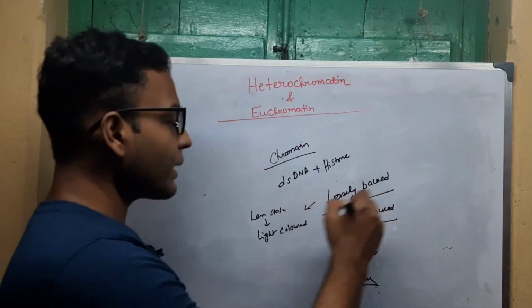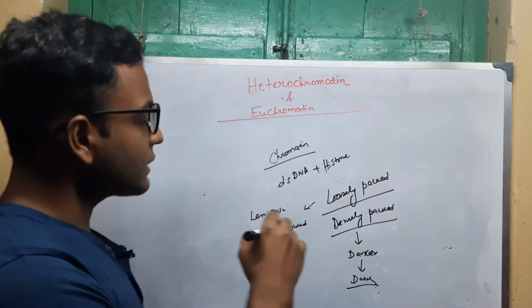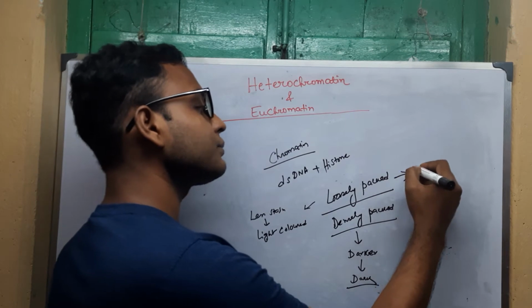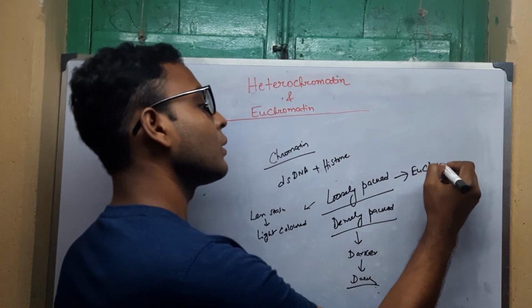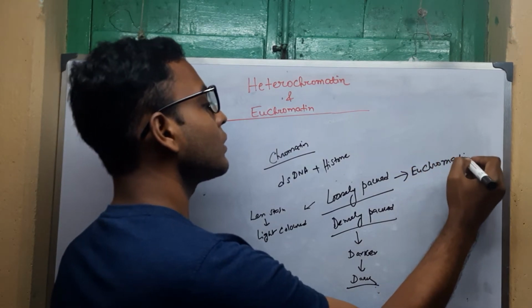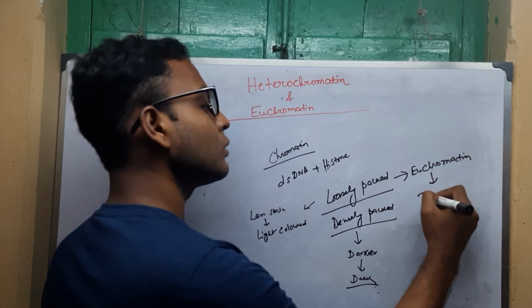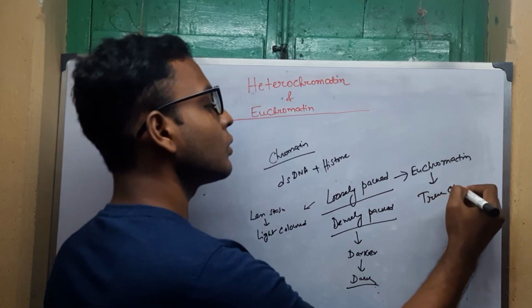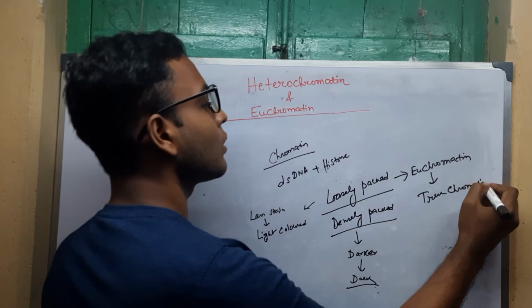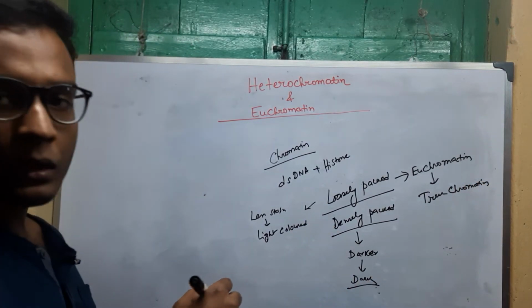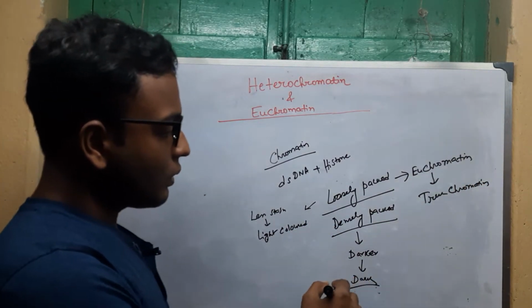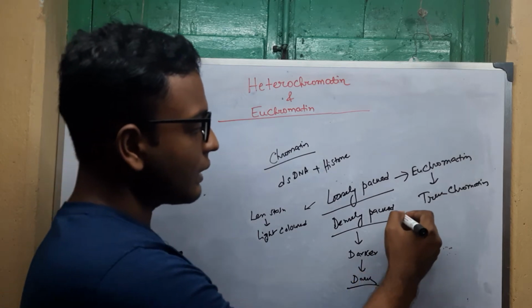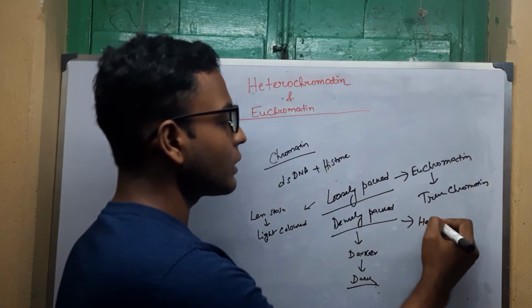So the loosely packed structure that takes less stain is known as euchromatin, the true chromatin, and the densely packed structure which takes the dark color is known as heterochromatin.